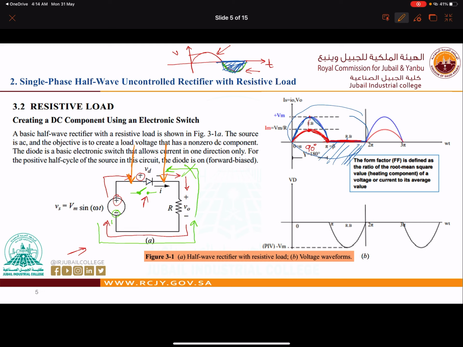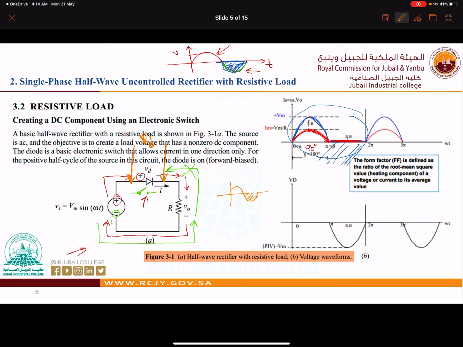We have VD, right? Here we have VD. Now, what is the voltage across the diode? Of course, if we have a supply like this, okay, this is our supply AC, and we get rid of the negative, right? It will be zero.